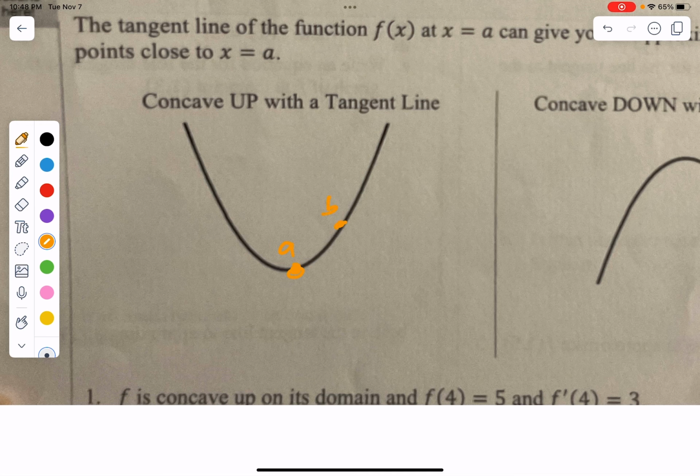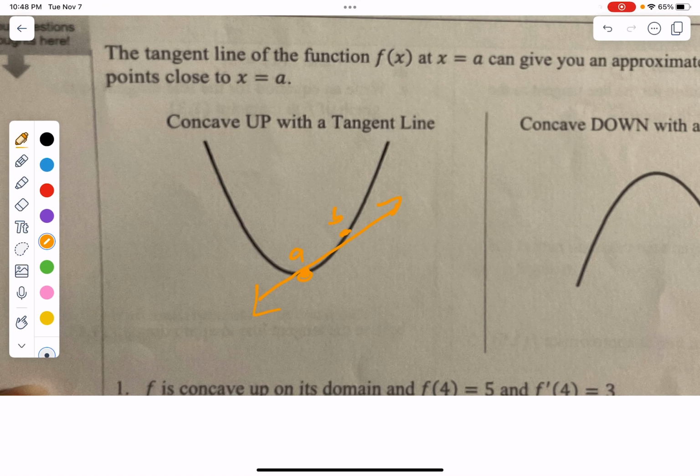Let's say this is B. Based on the line tangent to A, which again is the derivative, you can try and approximate said point B over here as close as you get.